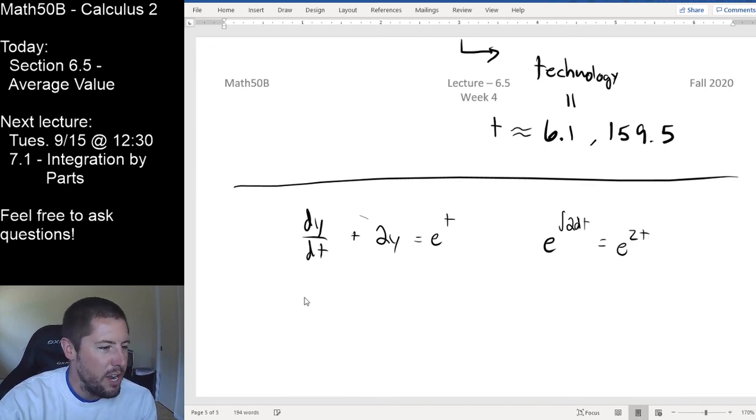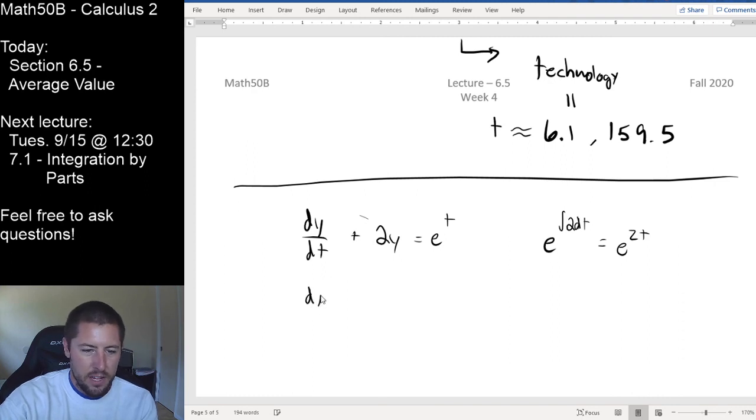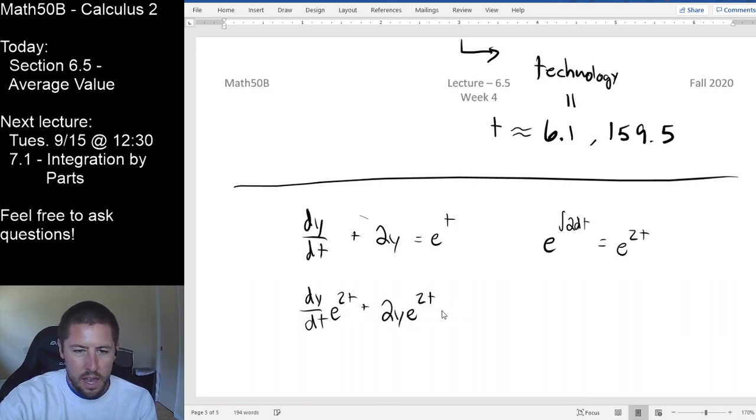So in differential equations next semester, in our second week of class, we'll decide that to find the function y that satisfies this, we can do something like dy/dt times e to the 2t plus 2y e to the 2t equals e to the 3t.